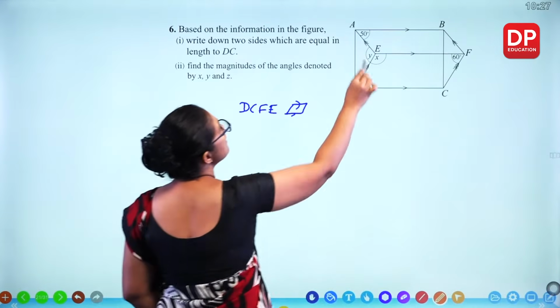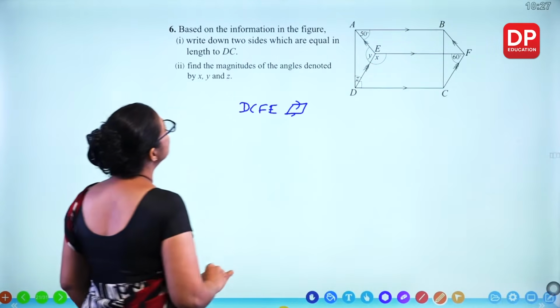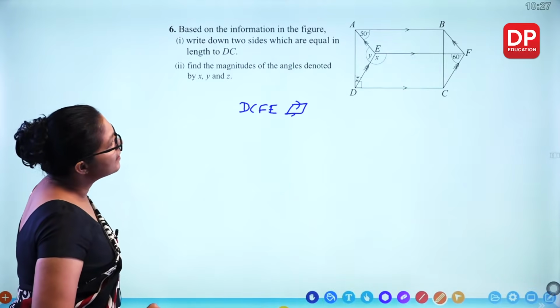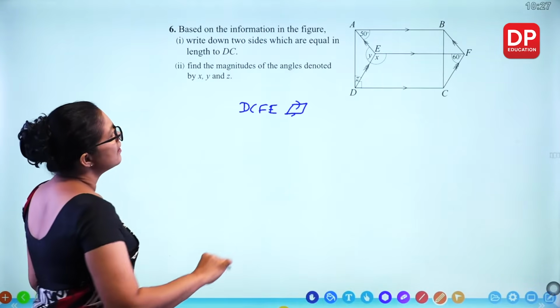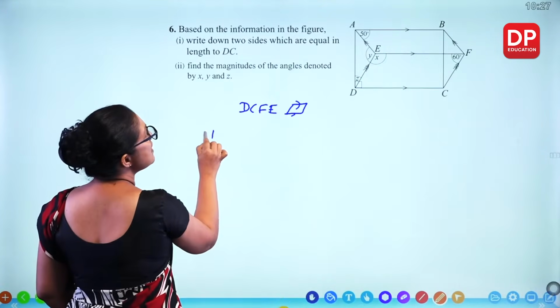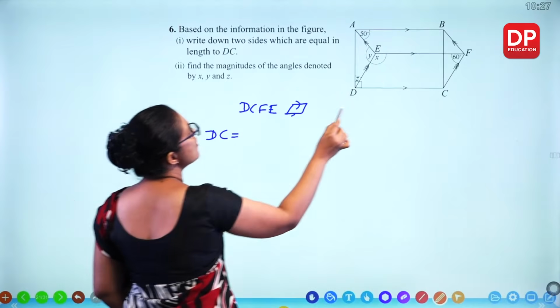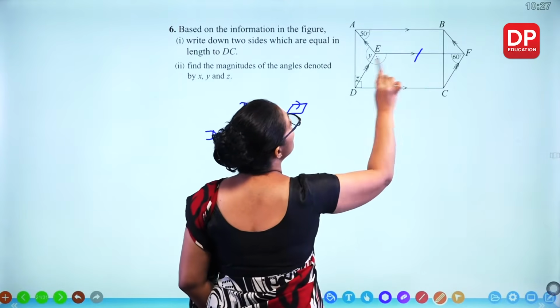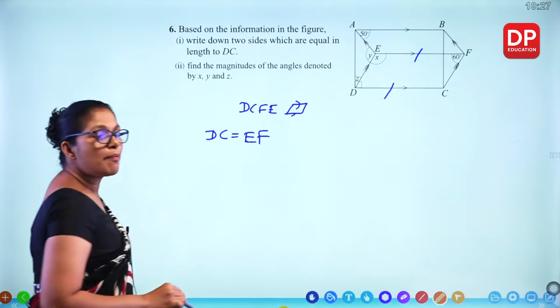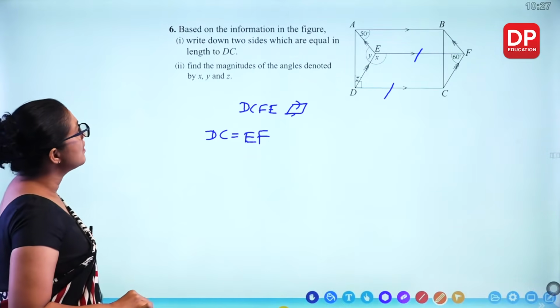And this is also a parallelogram. Which length is given? Not given, but we know DC is equal to EF. Opposite sides of a parallelogram are equal.